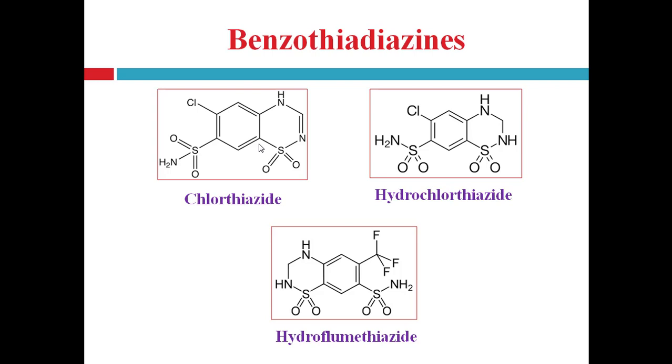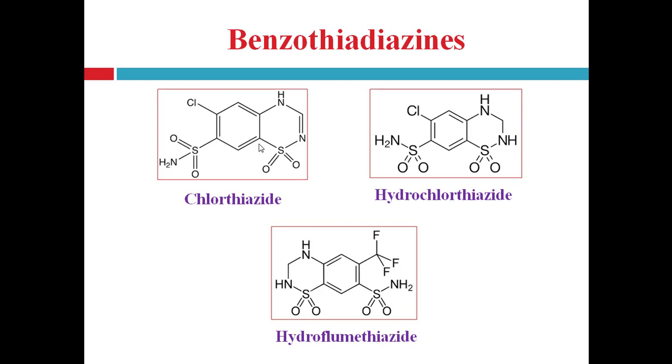The structural similarity in all benzothiazides is the presence of the SO2NH2 group, that is the sulfonamide group, and in the benzothiazide ring the sulfur has 2 oxide or 2 oxygen atoms, right? So in chlorothiazide, one chloro substitution is present on the ring.